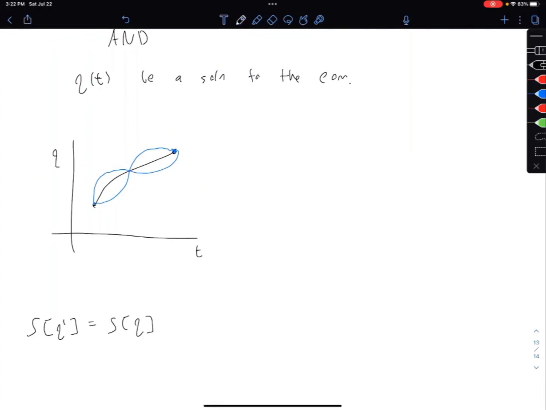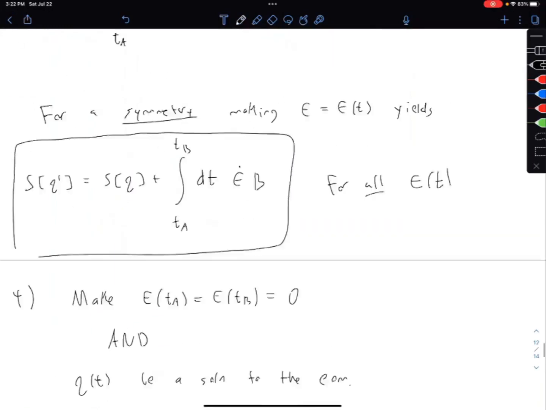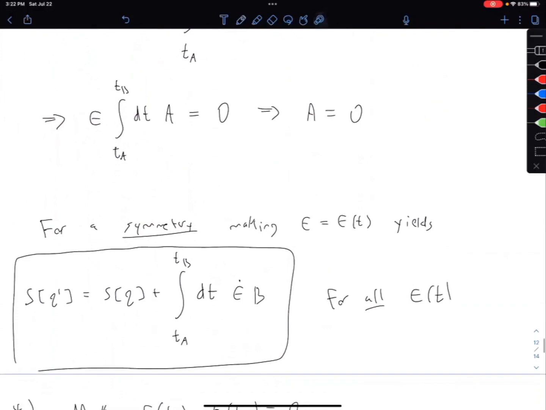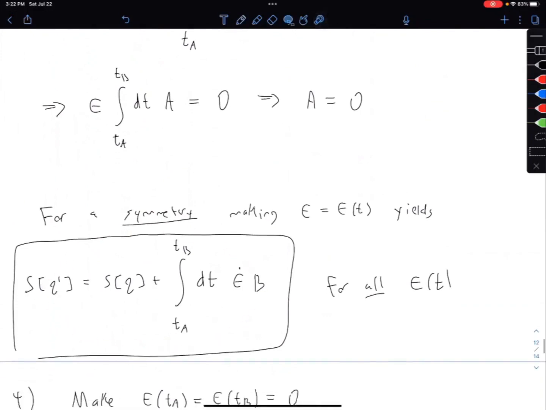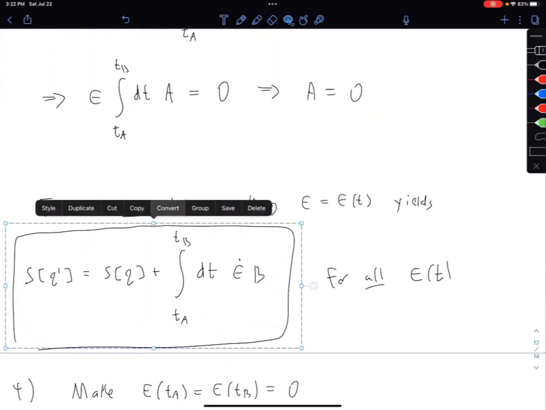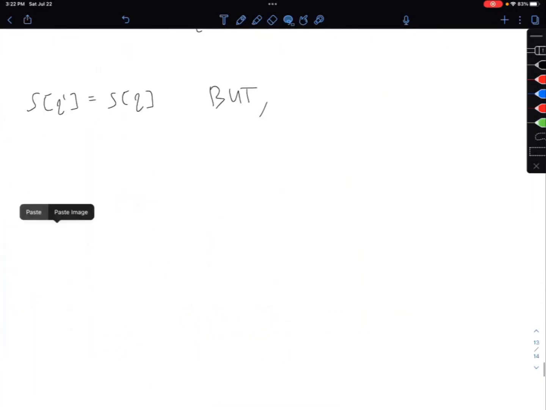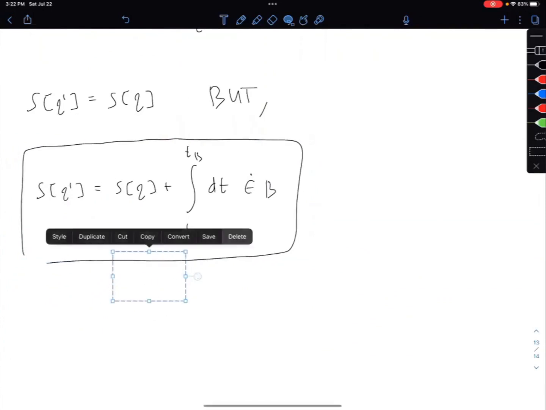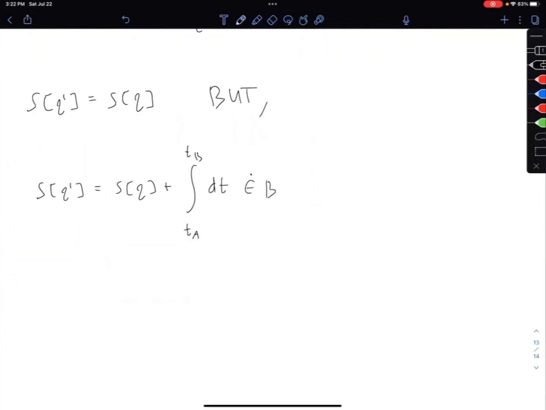Right? However, we know from before that we still have this. So let me just copy this. Okay. So this whole thing is going to still be equal to this.